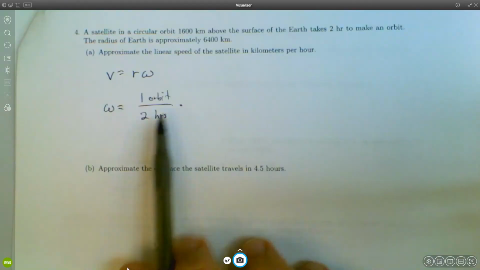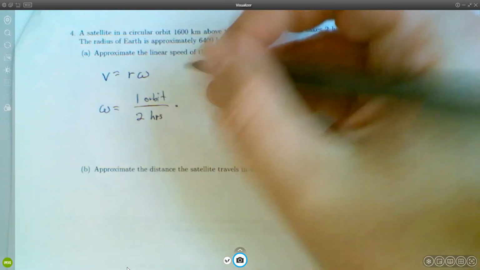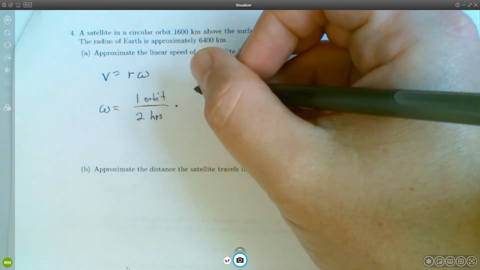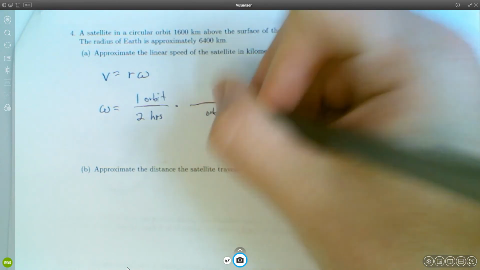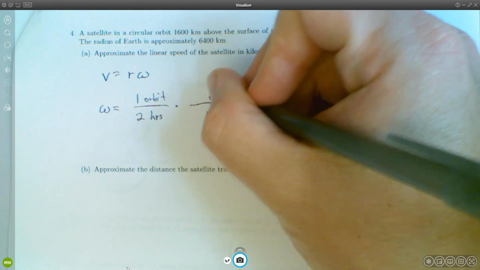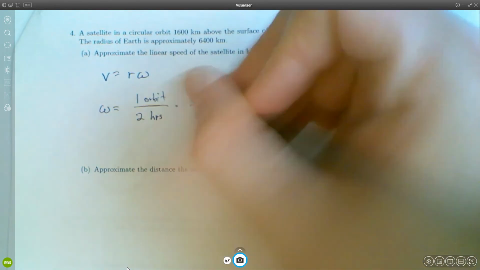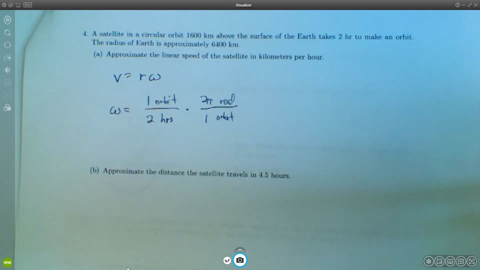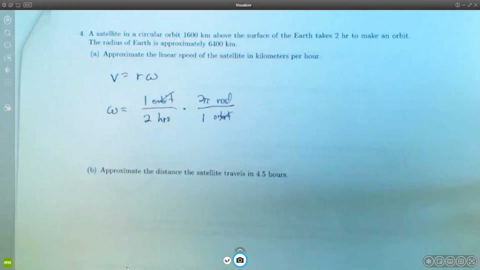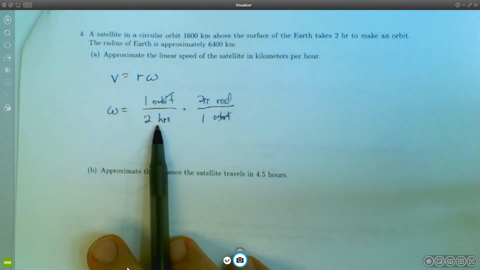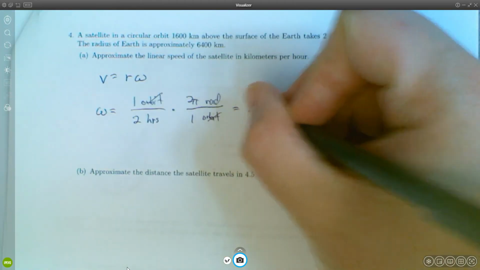We actually want to keep hours, but we want to get rid of orbit. We want to change orbit for radians. So how many radians are in one orbit? Well, 2 pi, right? That's just one rotation, one revolution. That'll get rid of the orbits. So 2 pi radians in 2 hours, well, that means pi radians per hour.